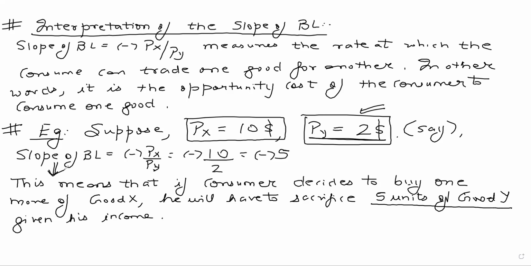So in this case, if the consumer decides to buy one more unit of good X, he will have to sacrifice 5 units of good Y. So I can write it like this also.